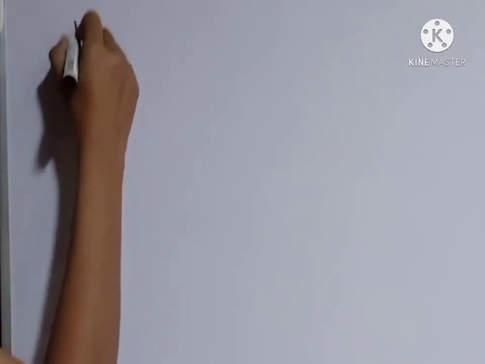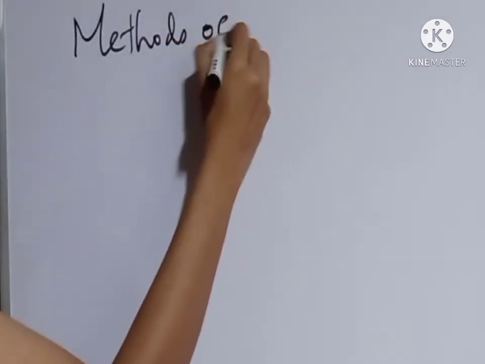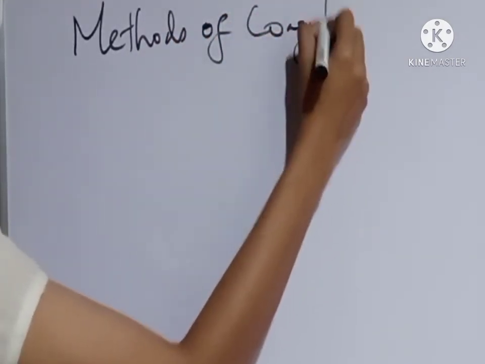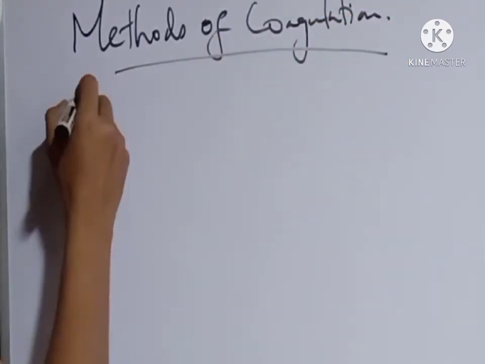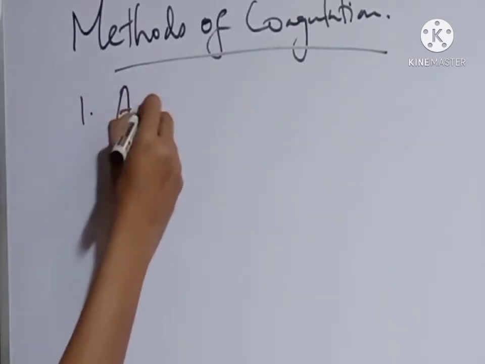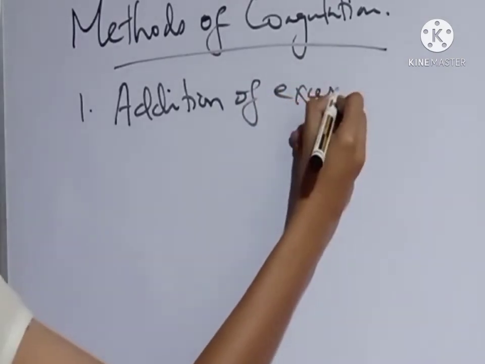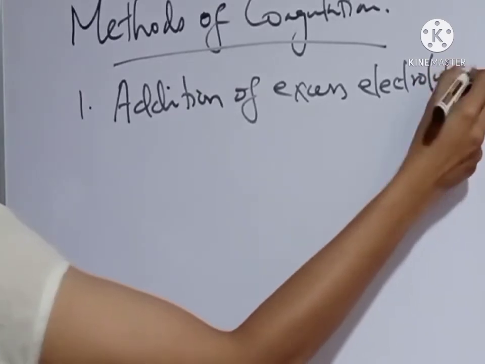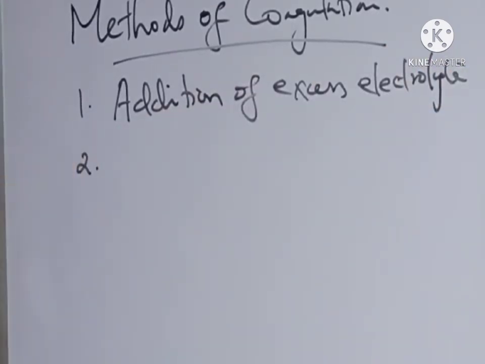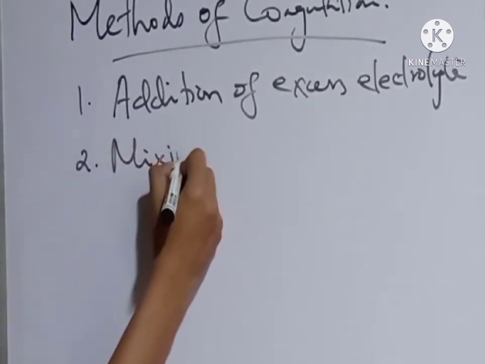Then, what are the methods which are used to coagulate a colloid? Methods of coagulation. The important methods are, the first one, addition of excess electrolyte. The second method is mixing of two oppositely charged colloids.